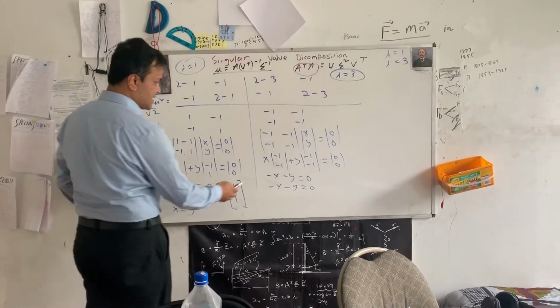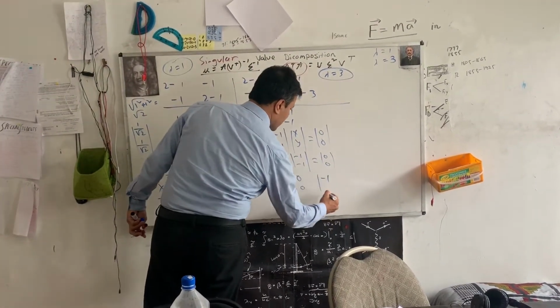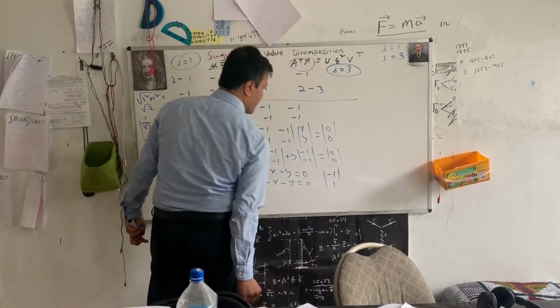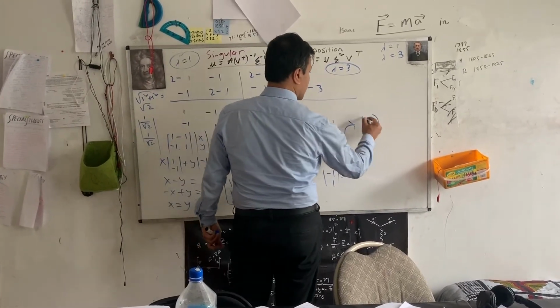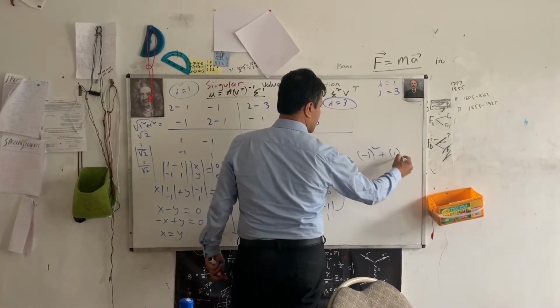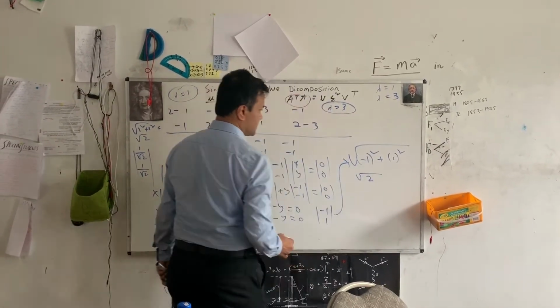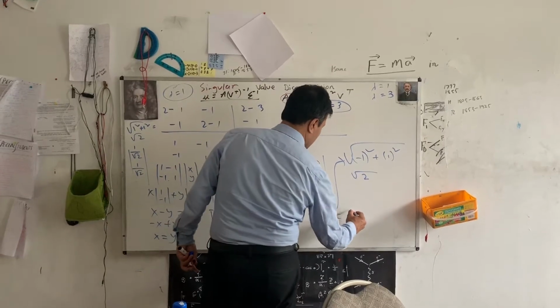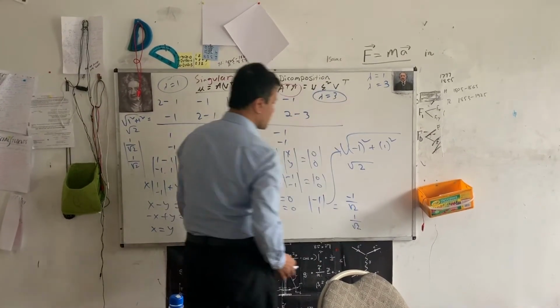What if x is negative 1, y is 1? So normalize it: negative 1 squared plus 1 squared, so you have a square root of 2, right? So you have negative 1 over the square root of 2 and 1 over the square root of 2.